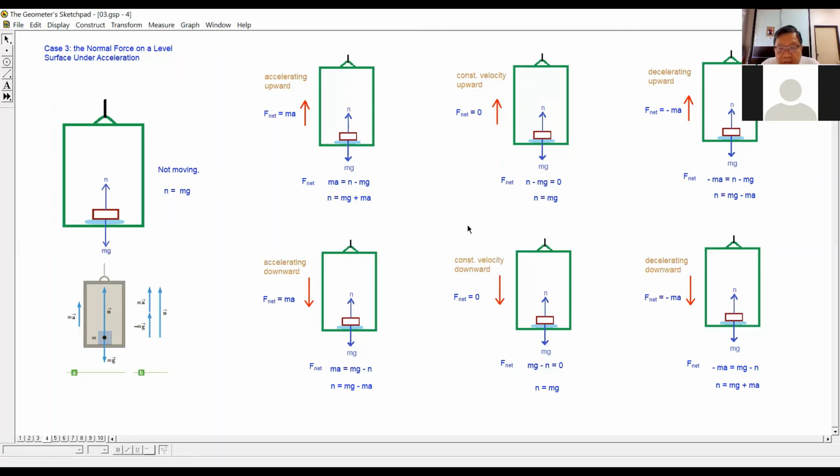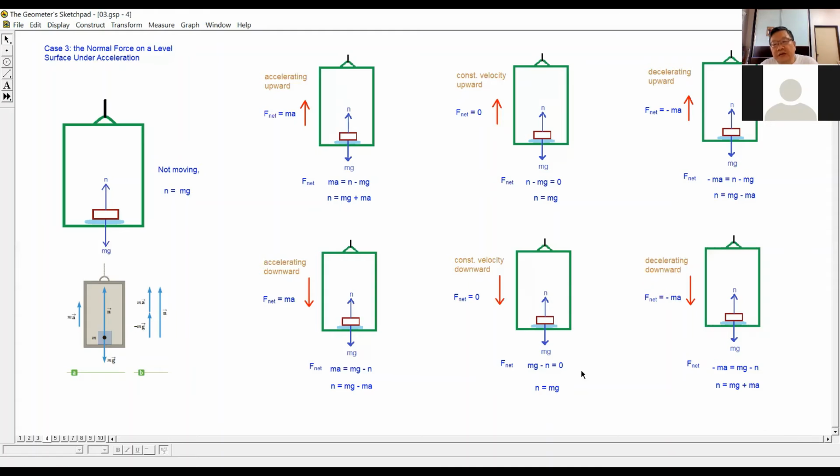How do we start off the second case? We use the net force. What is the net force equal to, Joel? The bigger one, because it is moving downward, the bigger one is mg, minus the normal reaction N. So the net force is the downward force minus the upward force, because the lift is moving downwards.